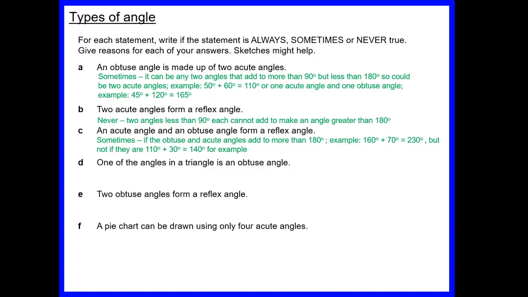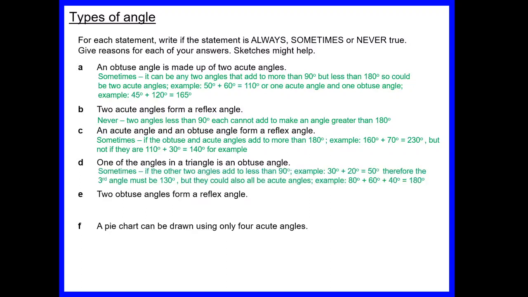For D then, one of the angles in a triangle is an obtuse angle. Again, that is sometimes true. So if the two angles add to less than 90, then the third one would need to be more. So we've got examples there of 30 degrees plus 20 degrees, so an acute angle plus another acute angle, that's 50 degrees.